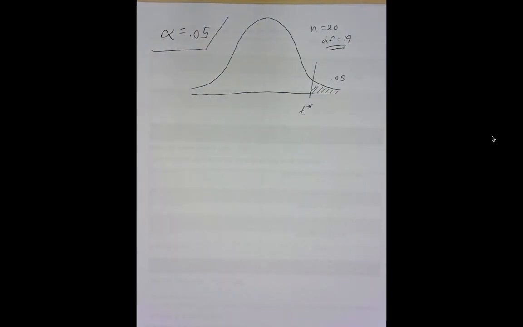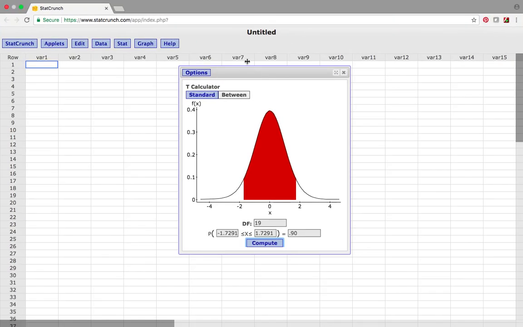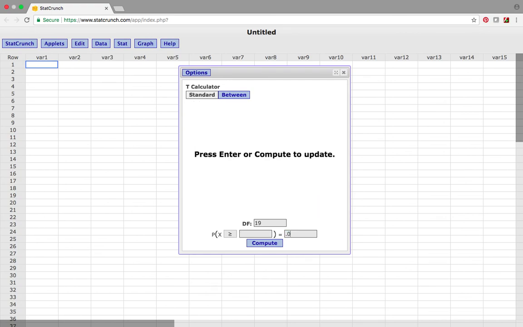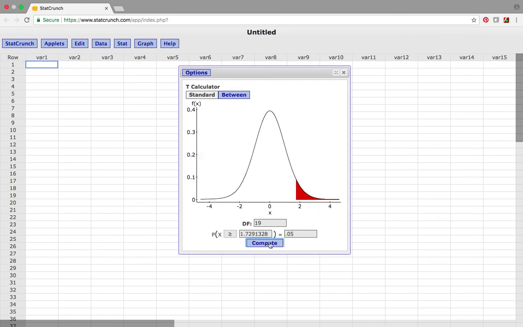Very easy to do. We're not going to go between. We're going to use standard. Degrees of freedom 19. I want above because it's in the right tail, and I want 0.05 area in the right tail. So the t critical is going to be 1.73.